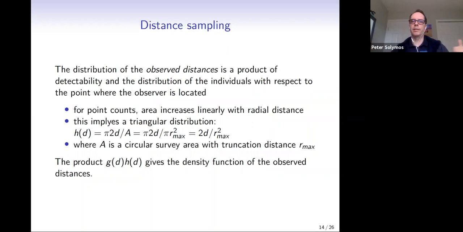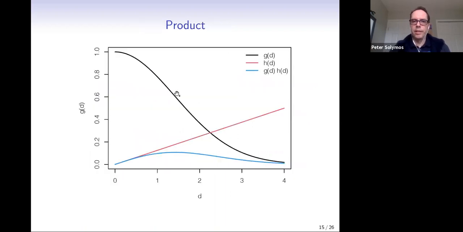This is when you get the same number for g of d as h of d. But g of d is going to decrease with distance, and h of d is going to increase because you just have larger and larger circles. So you get this product. This is not scaled by their area, but just straight multiplied together.